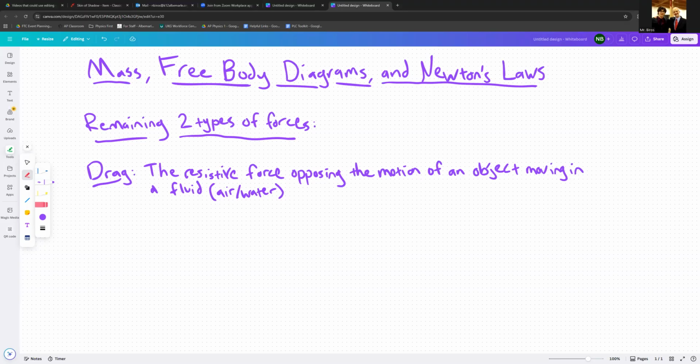So even helium gas, if you fill up a balloon, behaves in a way that the fluid dynamics that we'll look at in Unit 6 apply to that. So drag is not just air resistance, or not just liquid resistance. It's more than just water, it's air included, because they both behave very similarly.